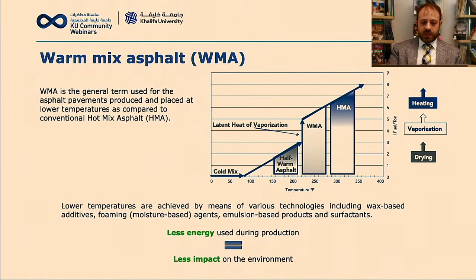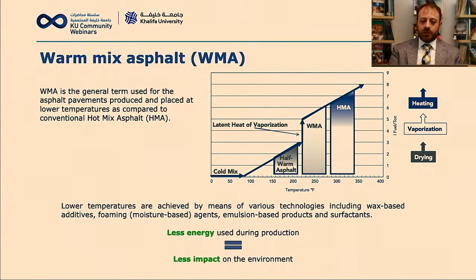So, what is a warm mix asphalt? Warm mix asphalt, or WMA, is a general term to describe asphalt pavements produced and placed at lower temperatures as compared to conventional hot mix asphalt. So in general, a hot mix asphalt is produced in plant at temperatures around 150, 170 degrees C, depending on the material that we are using.